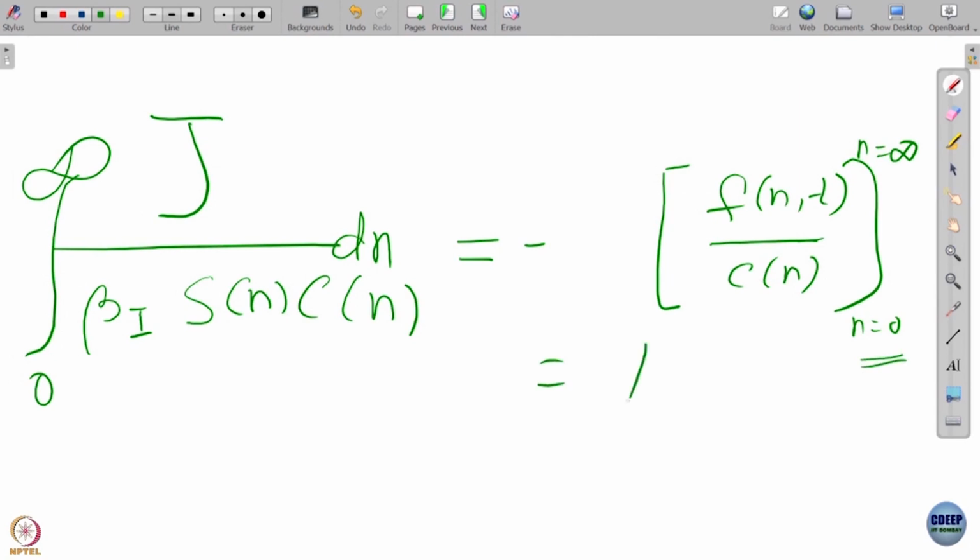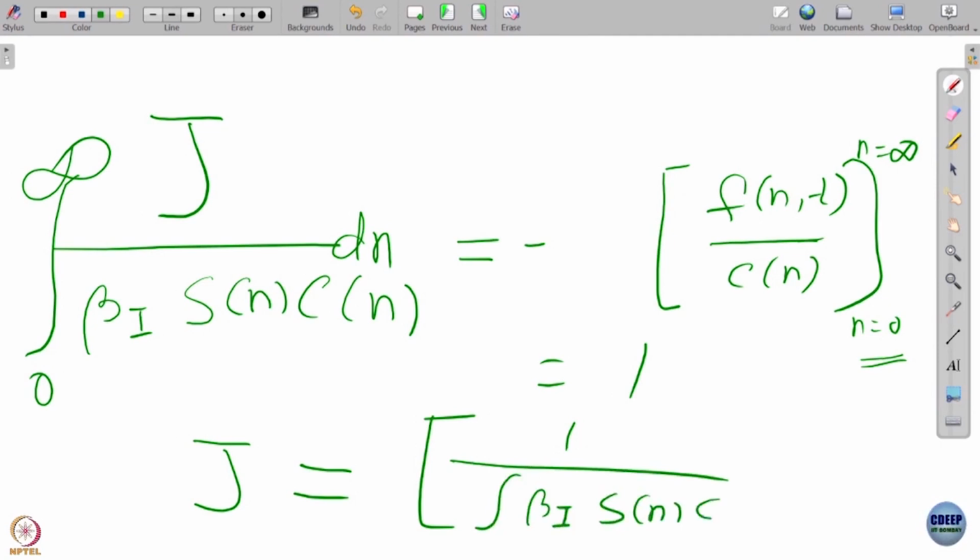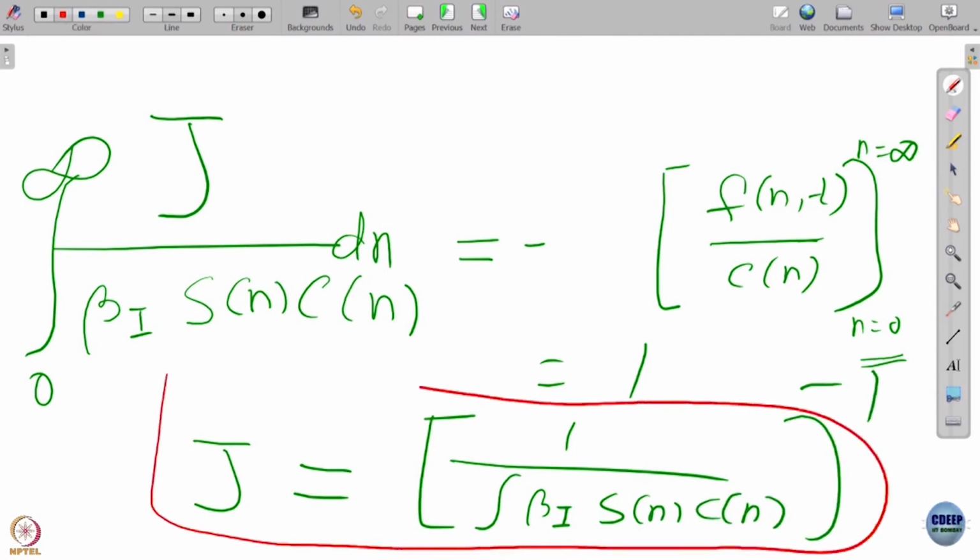Then I get the beautiful relation J equal to, I am almost there now. So, this is minus 1 in front, bracket minus 1.